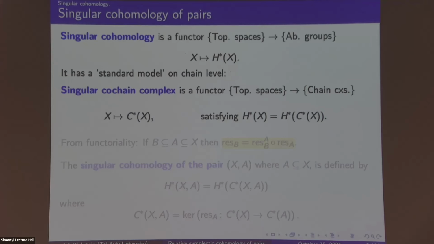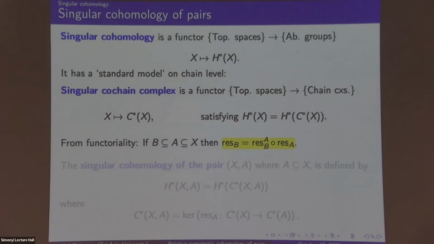This is another functor, the singular cochain complex, which takes topological spaces and gives us cochain complexes, X goes to C(X), and the singular cohomology of X equals the homology of the cochain complex.